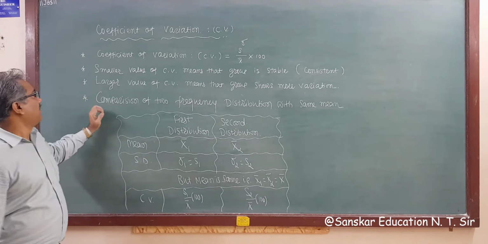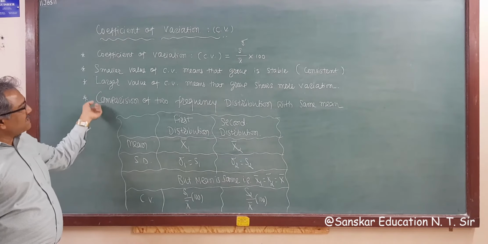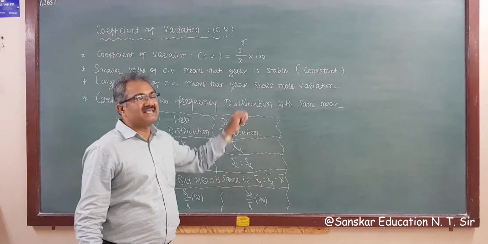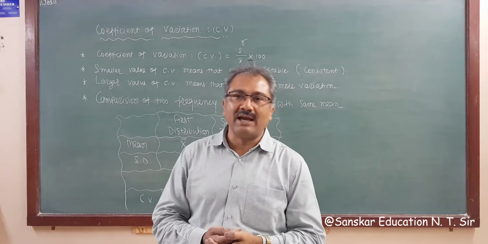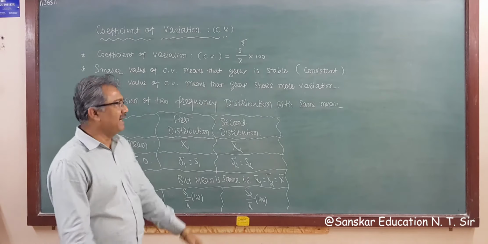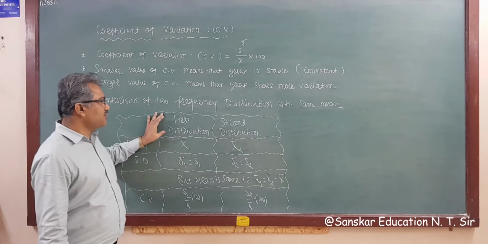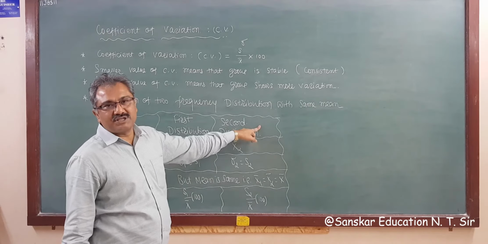Now we have to compare two frequency distributions with the same mean. If two frequency distributions have the same mean, then see, this is the first distribution and this is the second distribution.